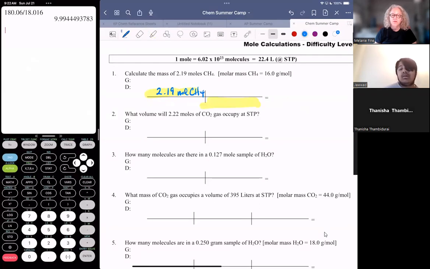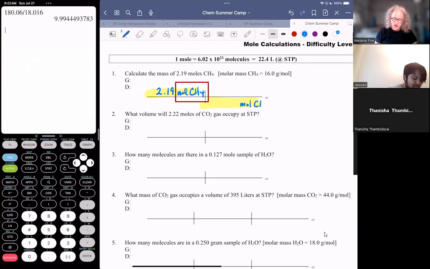Never lead with numbers. I don't know what numbers mean here. You always want to cancel out this unit, so never lead with numbers, just the units. If I have moles up there, I want moles here. Yeah, moles CH4.